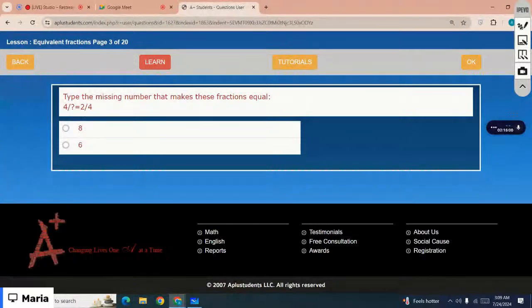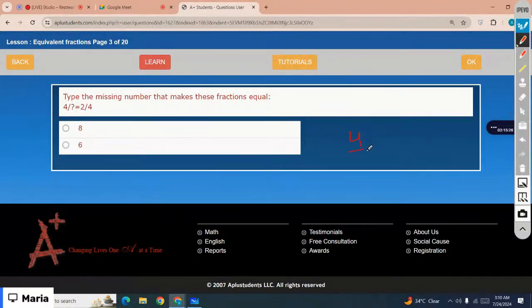Okay, type the missing number that makes the fractions equal. So which number makes the fractions equal? Okay, so you have 4 over the missing number, and 2 over 4.